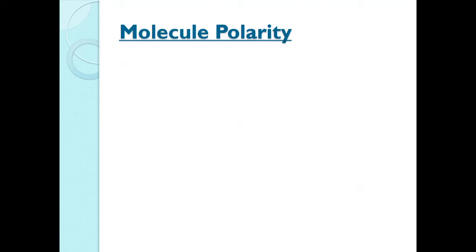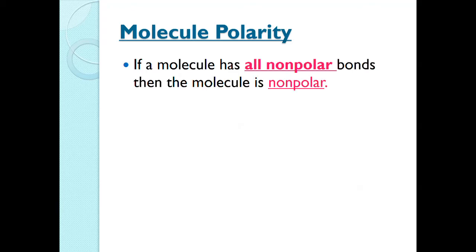Okay, so for molecule polarity, we're going to be looking at the whole molecule. Instead of just looking at bonds, we're going to take a look at the whole molecule. So if a molecule has all nonpolar bonds, then the molecule is going to be nonpolar.